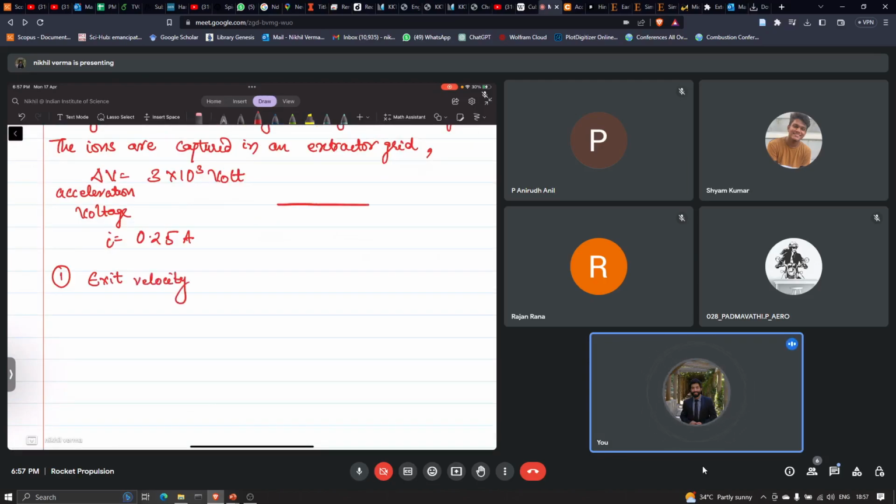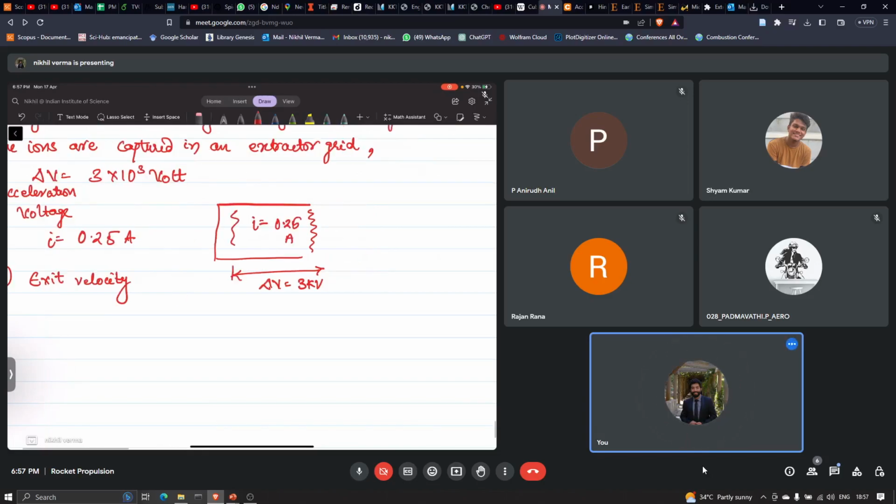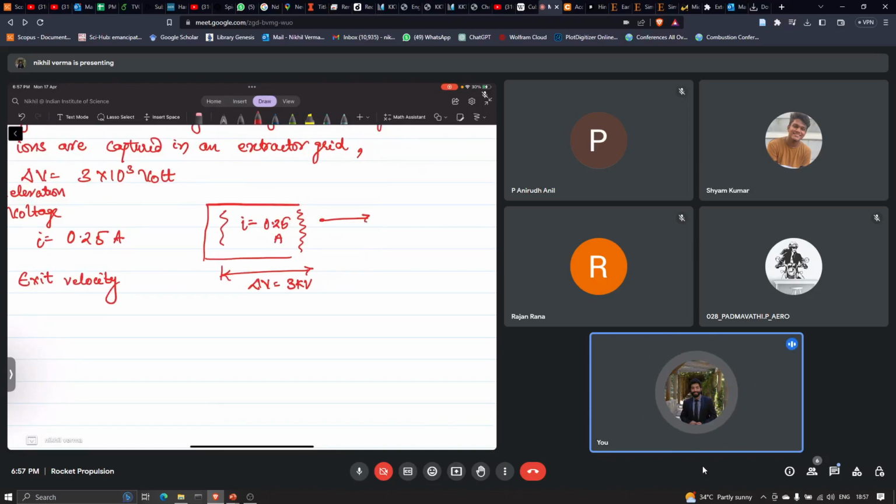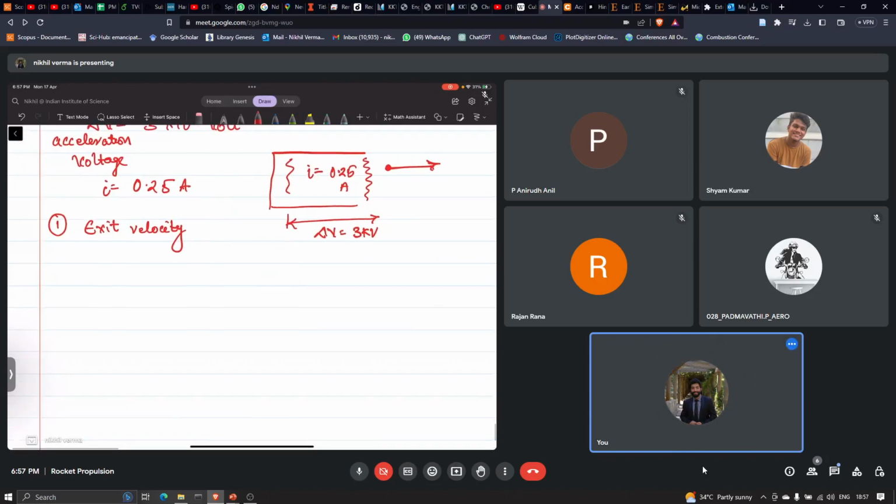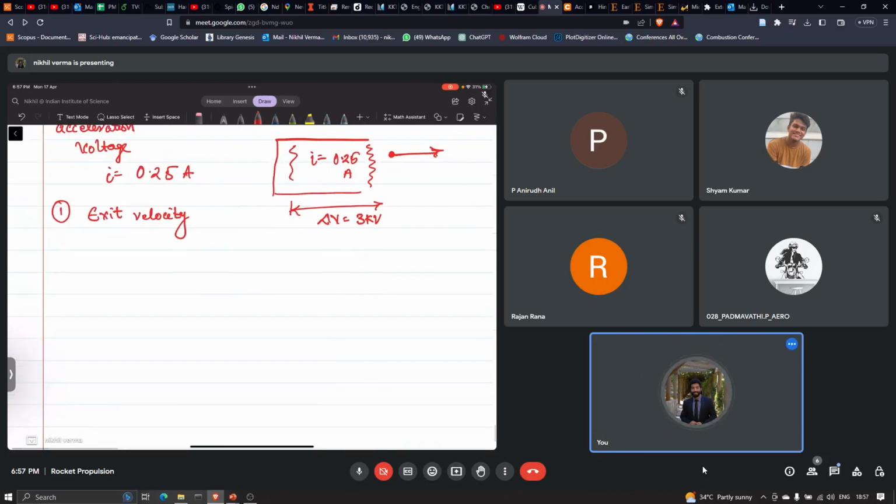So we have an ion chamber, and this is a screen across which the voltage is 3 kilovolt, and the current is given as 0.25 amperes, and we have to find the velocity with which the xenon ions are getting out of the thrust chamber.